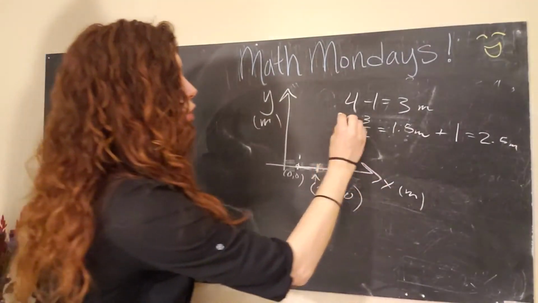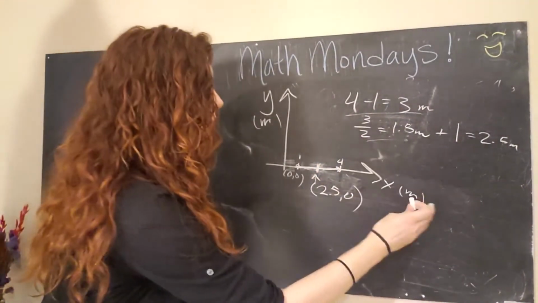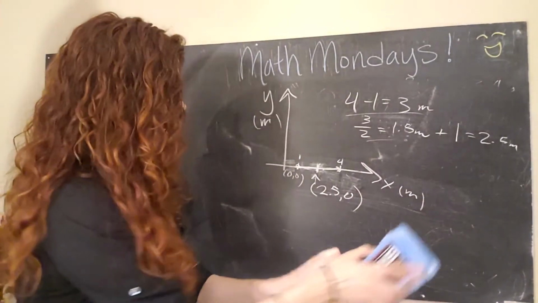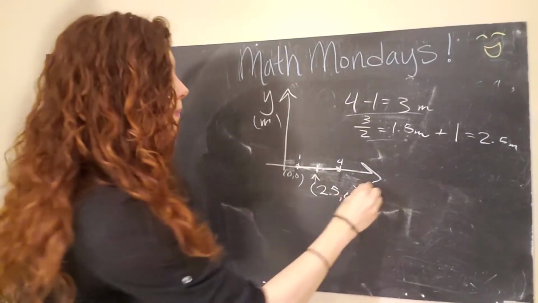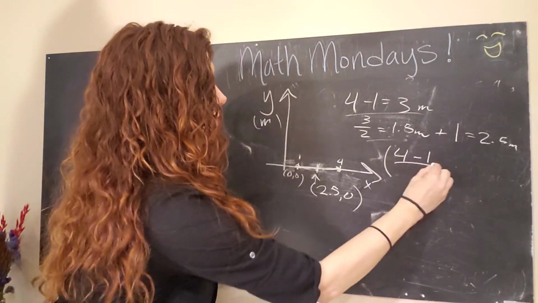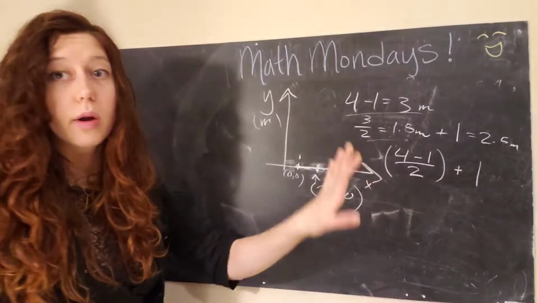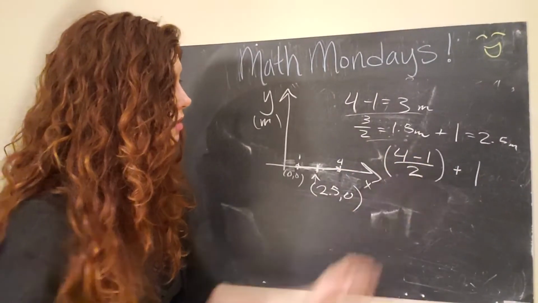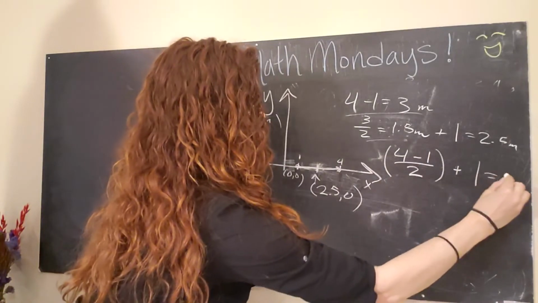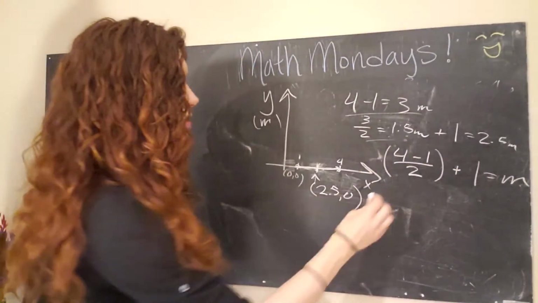Okay, well, let's look at what we did here and combine the pieces. So basically, I'm going to give myself a little more space. What we did is we said 4 minus 1 divided by 2 plus 1. And what I'm going to do to generalize this, equals the midpoint, is I'm going to write this in terms of coordinates.